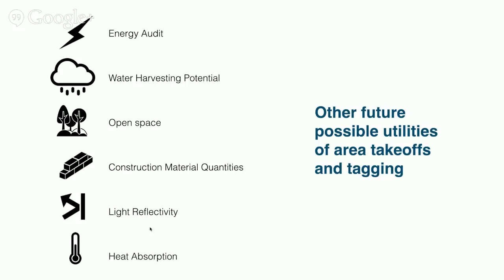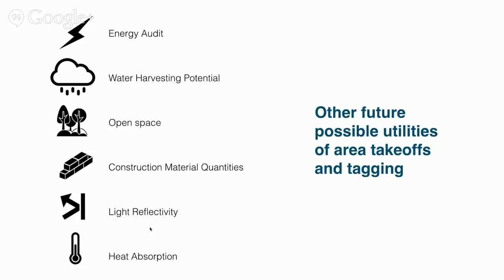Maybe we can derive that from use, but that might be the kind of thing that we could directly assign as a high energy use intensity to certain buildings versus others. We might want to assign water harvesting potential coefficients and then use a combination of those coefficients and the area takeoffs as a way of measuring impacts on stormwater systems.